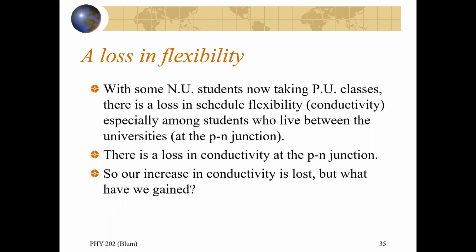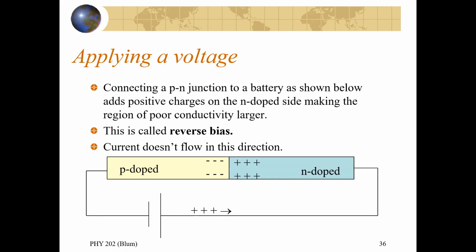We've gained directionality. Okay, let's connect this p-n junction, this p-dope thing next to this n-dope thing, to a battery. And I'm going to imagine positive charges moving, because that's the convention we have.